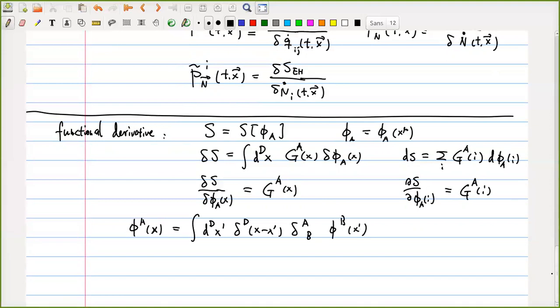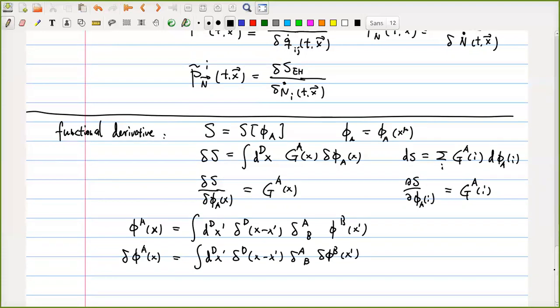Then of course, if you do the variation of this formula, you view this guy as your previous S, and you consider the variation, you will get the integral over x prime of delta(x minus x prime) delta ab delta phi b of x prime.